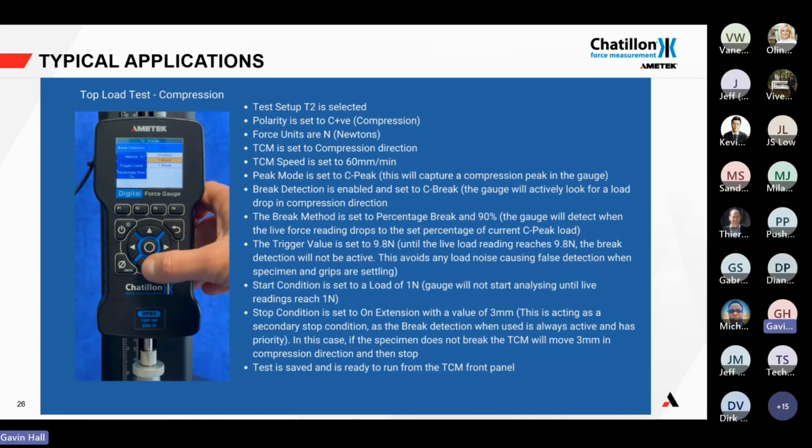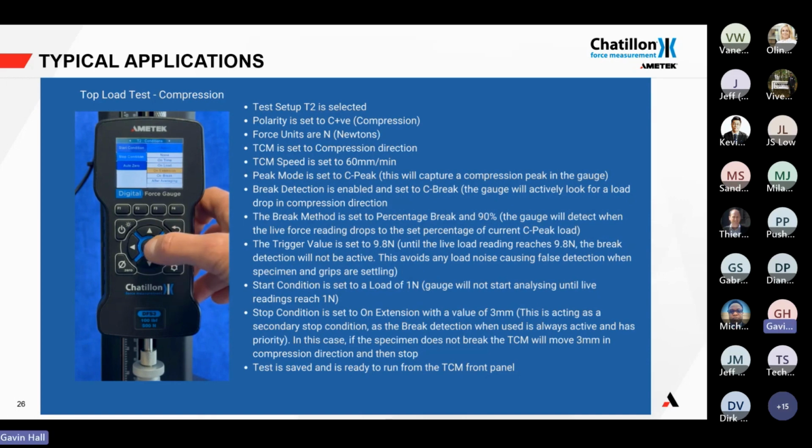We have a trigger value arbitrarily set to 9.8 newtons, but the gauge will not start to measure, and the break detection will not be active, until that point. The reason is to avoid any load noise that could be caused by sample settling or grip settling on the sample, which could obviously cause a false break detection.